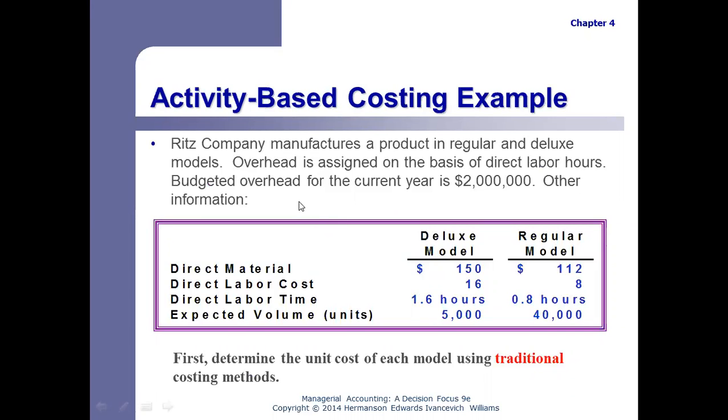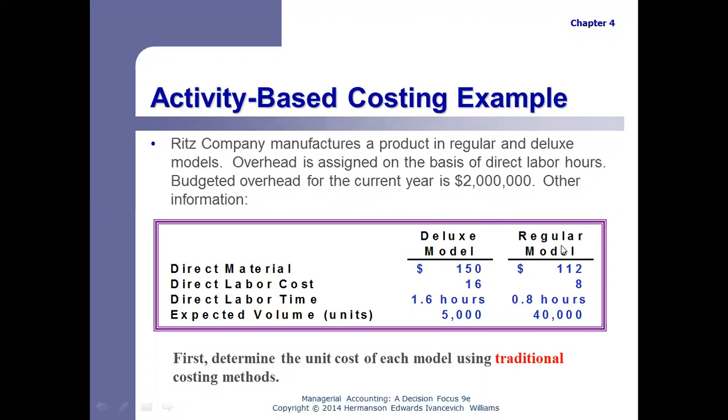Here, this company manufactures two different products, regular model and deluxe model. So there's overhead that we're trying to figure out how to assign to each of these products. In other words, in this case, the total overhead for the year is 2 million. So how much of the 2 million should we charge to the deluxe model?